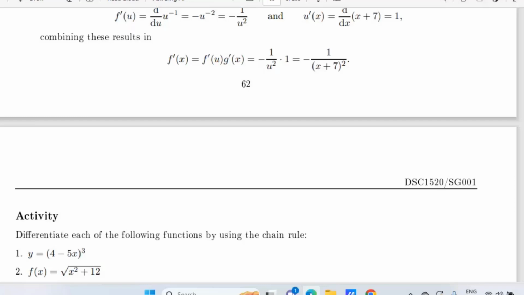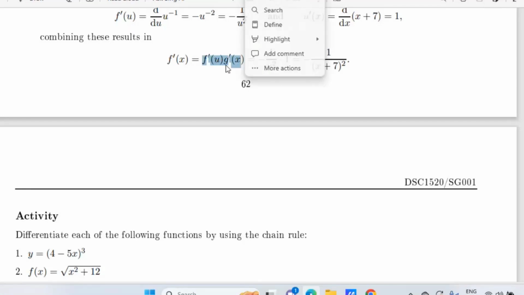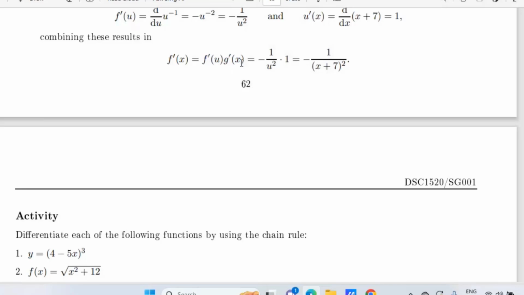Agreed? Yes. Thank you. Now, using this formula, now we come here. Now we are going to use this formula. See what I've highlighted? But now in the place of g of x, that's where u prime of x will come in.